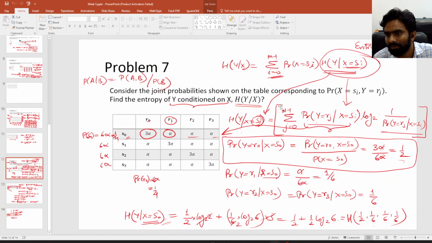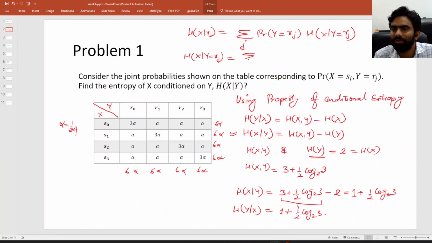It is sigma over i of probability of X equal to s_i given Y equal to r_j, log 2 of probability of X equal to s_i given Y equal to r_j.